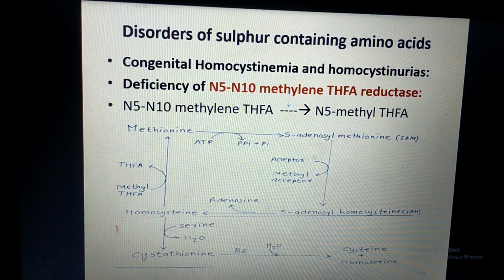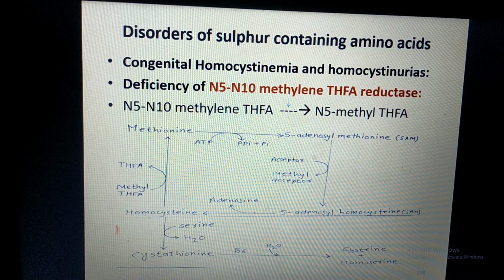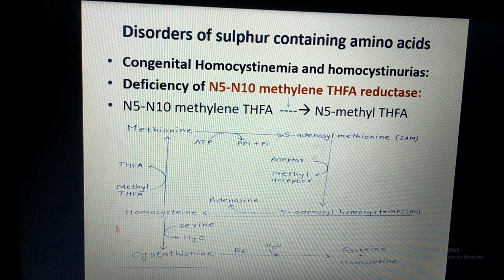Now this is also a congenital type of homocystinemia and homocystinuria. It is due to deficiency of one more enzyme called N5-N10 methylene tetrahydrofolate reductase. Now what is the role of this enzyme? This enzyme converts the N5-N10 methylene tetrahydrofolate into N5-methyl tetrahydrofolate. N5-N10 or N5 are the attachment of this methylene or methyl group to the tetrahydrofolate.